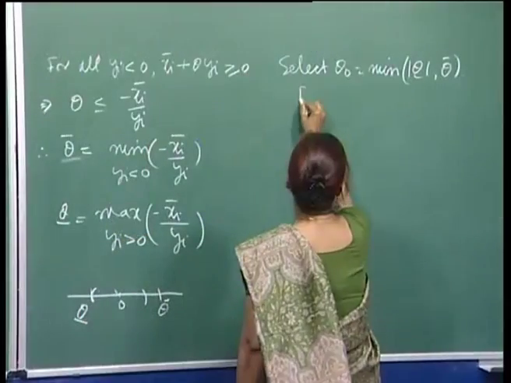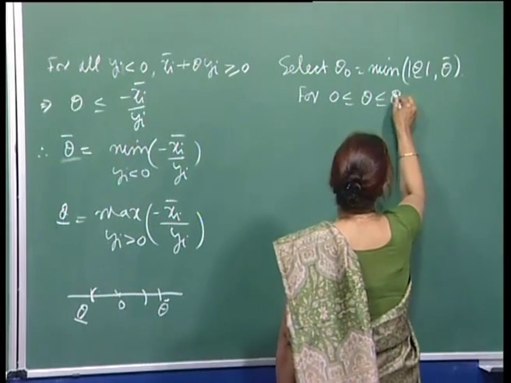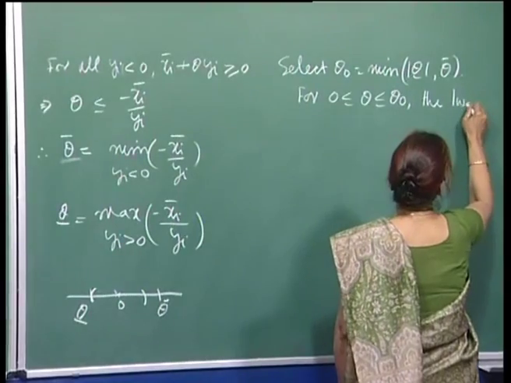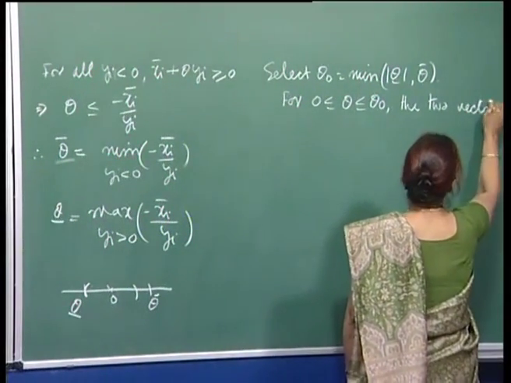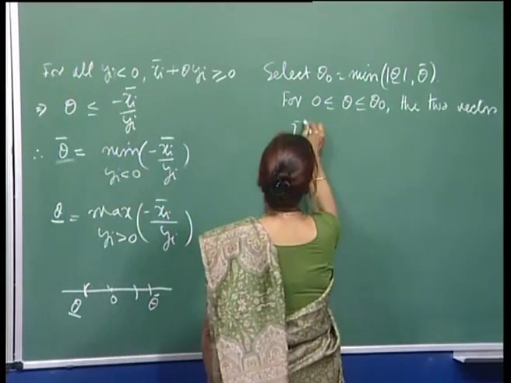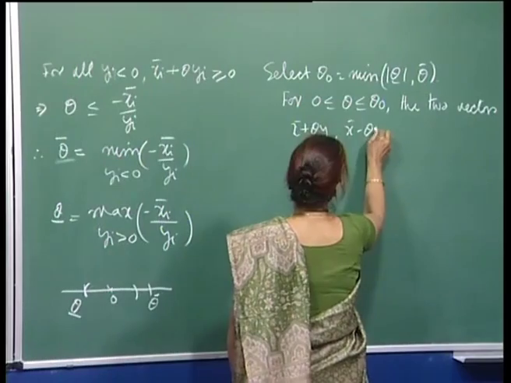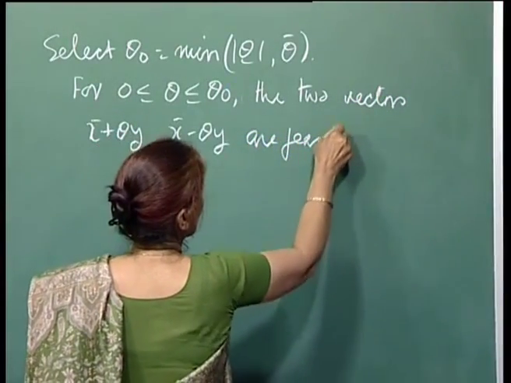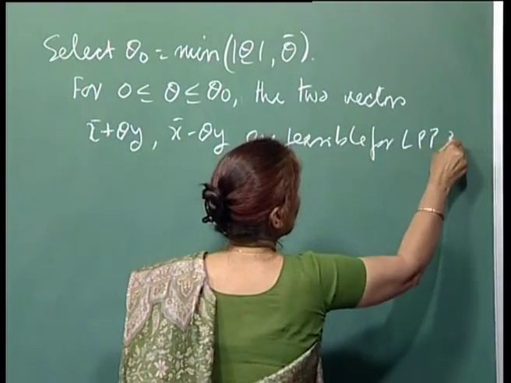So, like this, then for 0 less than or equal to theta less than theta naught, the two vectors x bar plus theta y and x bar minus theta y are feasible, okay, for your LPP3. That is what we have been discussing, right.